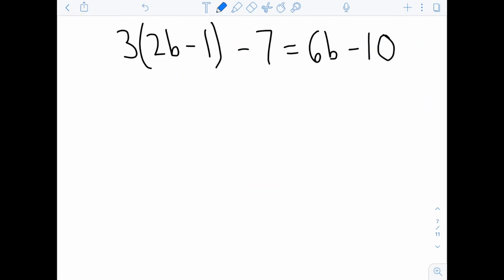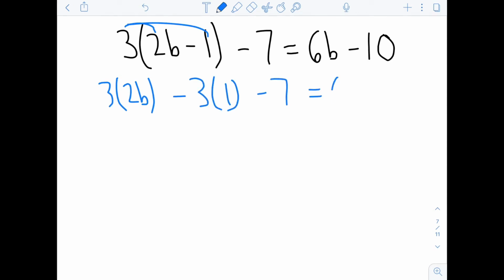Let's do another example. First we're going to distribute. So that's going to equal 3 times 2b minus 3 times 1 minus 7 equals 6b minus 10. So 3 times 2b is 6b, and 3 times 1 equals 3.